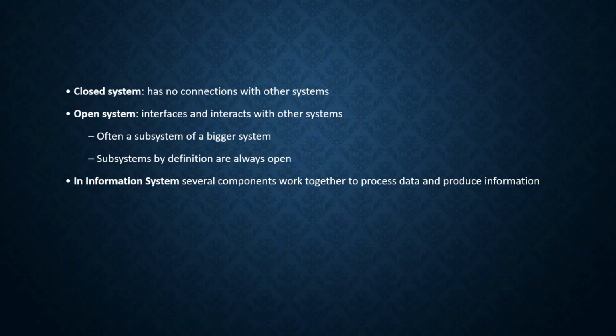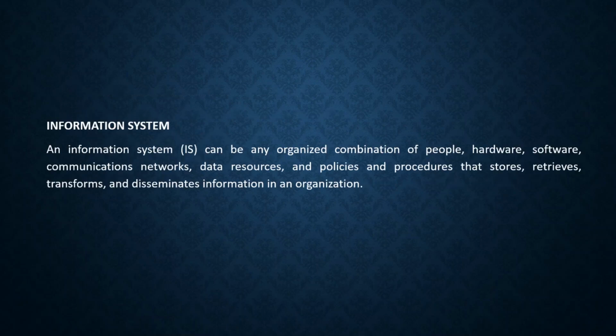So then, what is an information system? That is important, and it can be defined in different ways. One convenient definition is that it is an organized combination of different resources.